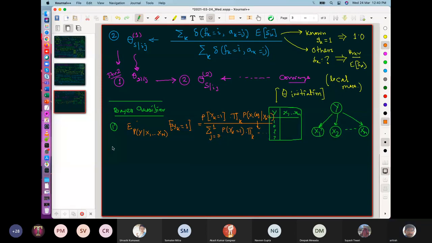It is simple. I am just converting it to the Bayes classifier, just as an example.